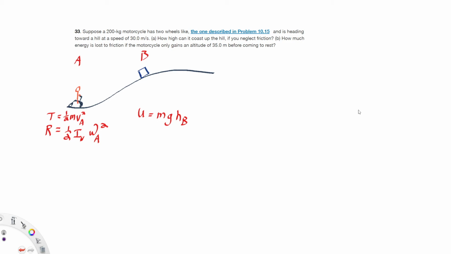Before we get into our conservation of energy statement, let's calculate the moment of inertia of these wheels. So here we have to look back at problem 10.15.